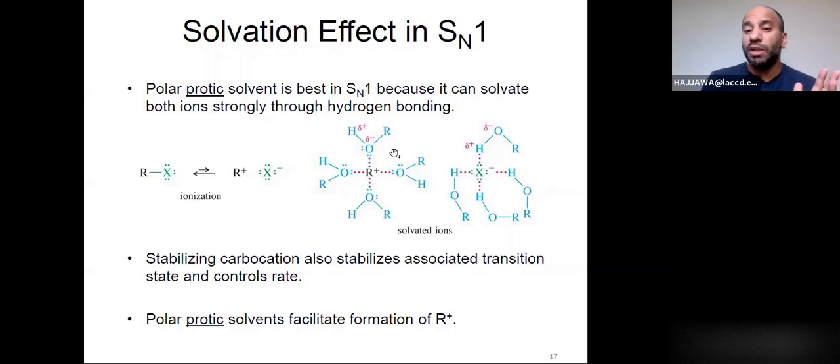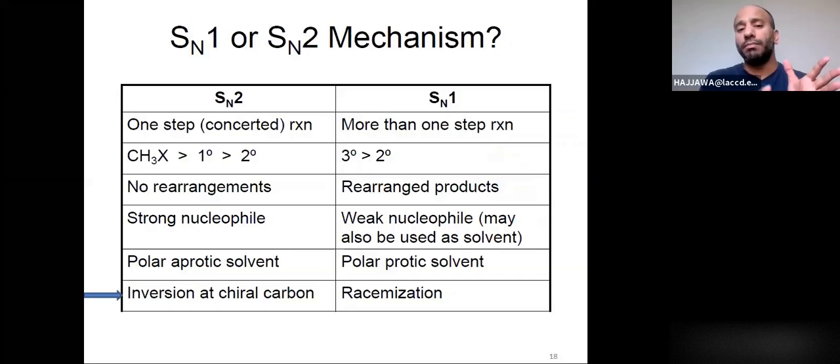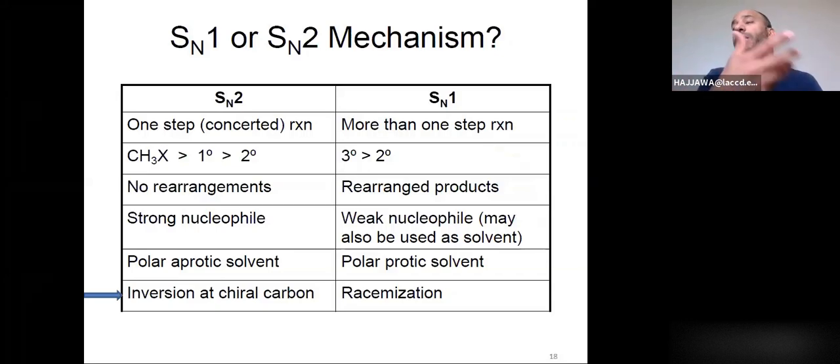So that's another type of solvation using polar protic solvents. So that's very important to keep in mind. So now we understand why SN1 prefers to use polar protic solvents, while SN2 prefers to use aprotic solvents.